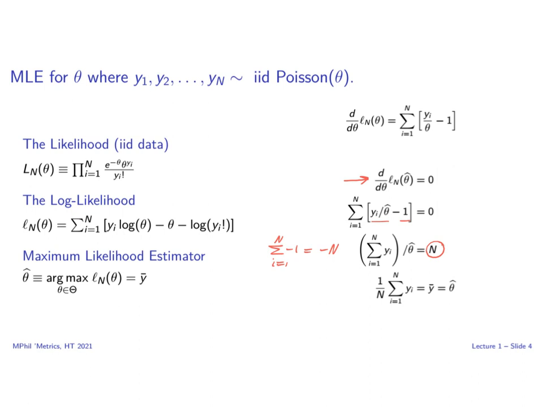Now I can factor out the theta hat, leaving me with a sum from i equals 1 to n of yi. And rearranging one more time to bring the theta hat to the right-hand side, what we obtain is the maximum likelihood estimator for theta is the sample mean, which makes perfect sense because we already saw that theta is in fact the expectation of a Poisson theta random variable.